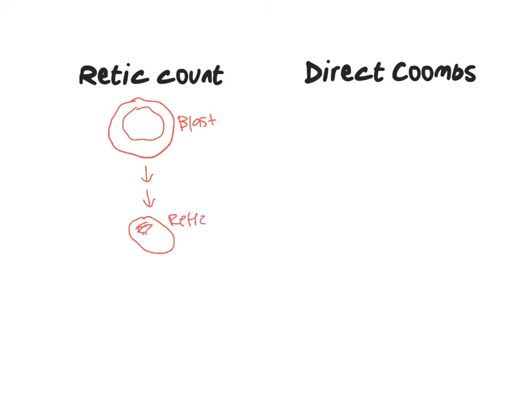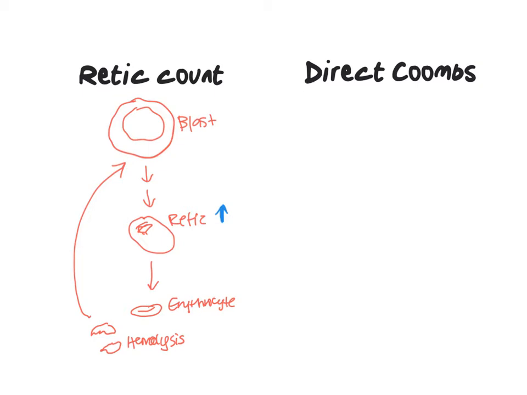So that's important because if you're experiencing a lot of hemolysis and your erythrocytes are decreasing, then the body will try to compensate for that and will start to produce more immature cells to replace those erythrocytes, and so that will be reflected in an elevated retic count. So if you are losing erythrocytes, the body will compensate and produce more reticulocytes, and so your retic count will be elevated.